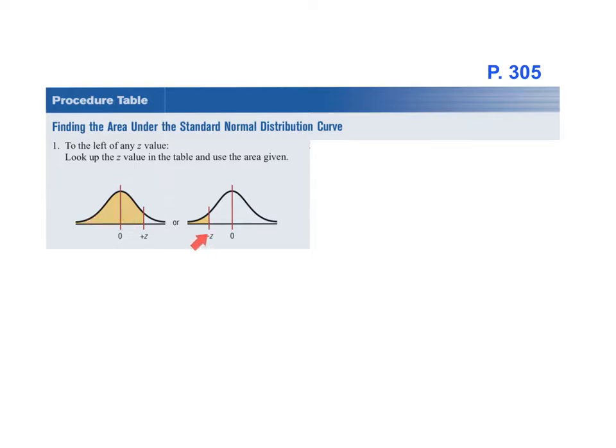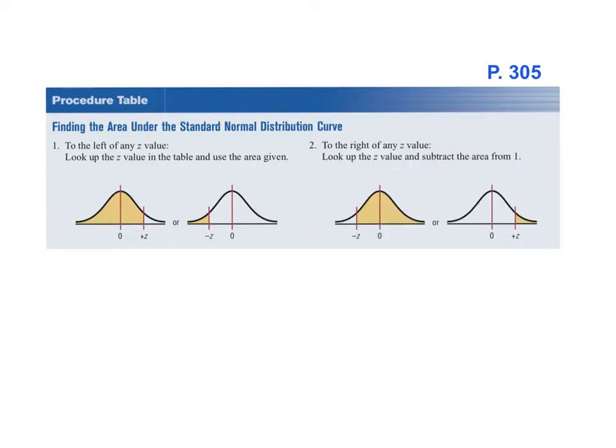Okay, same thing here, even if z is negative. If we're looking for the area to the left, you just look it up in the table. Okay? And think about it this way. We read from left to right. So when we're looking for this value, it's going to be everything behind it. Okay, that's the first one.